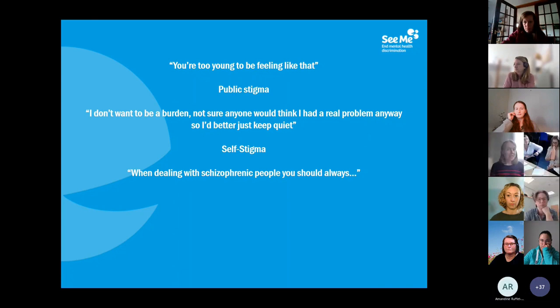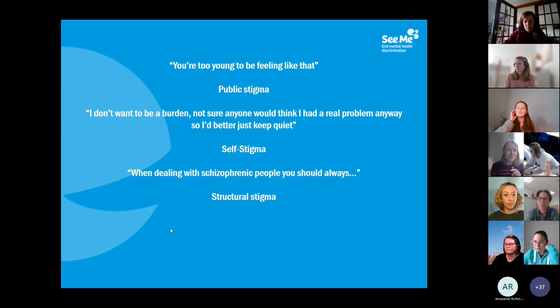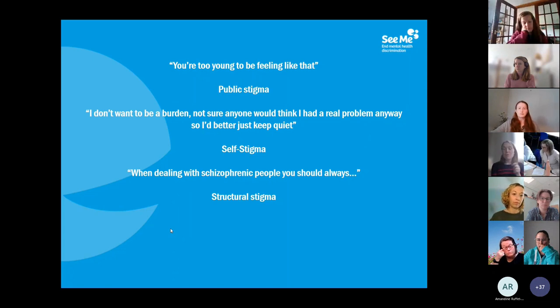Oh, wow. 92% have gone for structural stigma, with a couple for public stigma and stigma by association. The answer for this one is structural stigma, but I can also understand why some people might have picked other ones. I think it's the way that it can be read. This is actually an example of something that was taken from a health and social care policy. So it was written down in a document, so it's a clear example of structural stigma.